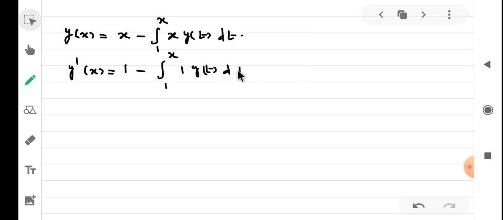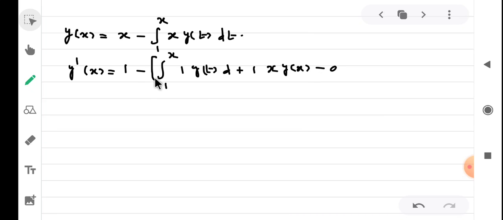Next, plus the upper limit, whose derivative is 1. I need to replace this t by that x, so x into y of x. And then next I need to differentiate the lower limit. The derivative of 1 is nothing but 0, so 0 into something is going to be 0, so I am leaving it.